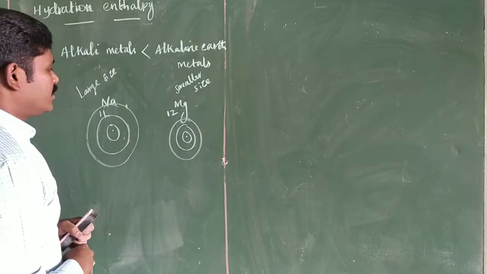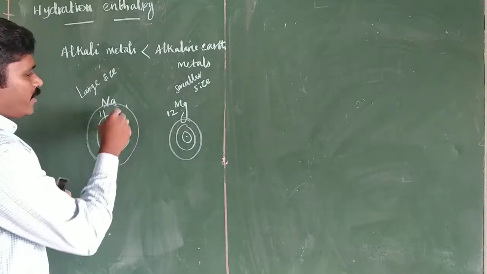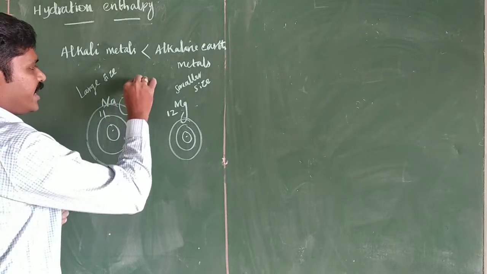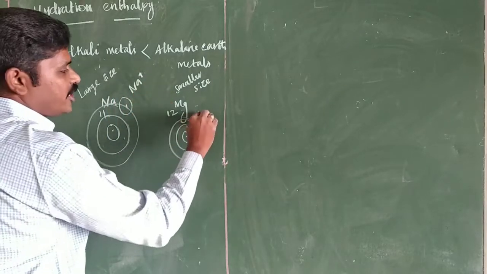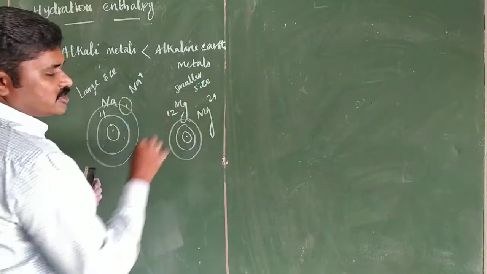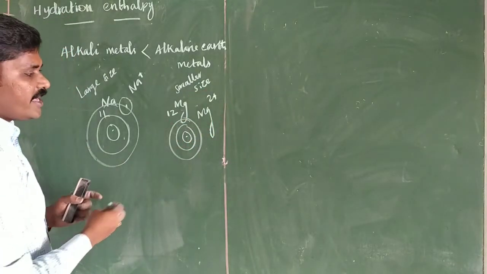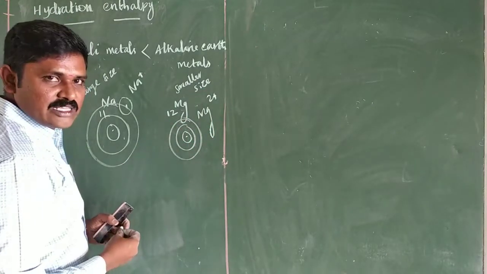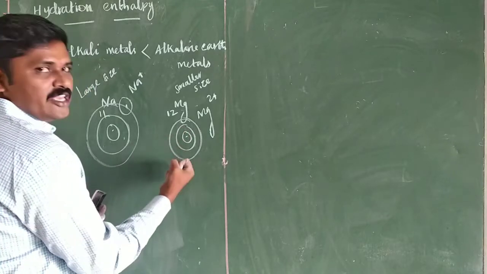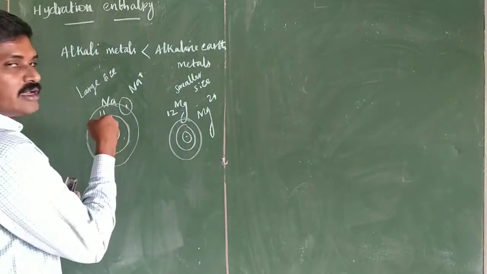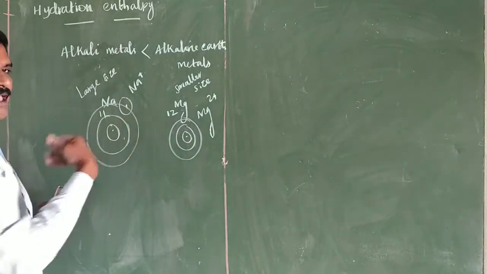Sodium loses 1 electron to form Na+, but magnesium loses 2 electrons, so the ion is very small compared to alkali metal ions.